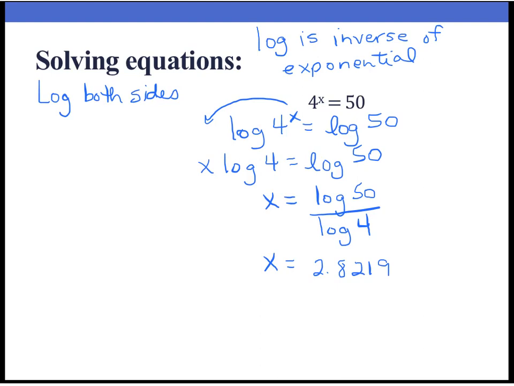When you press that log button, some calculators, mine does, offer you a parenthesis. Make sure you close that parenthesis before you do the division sign. Otherwise, it will divide that 4, and we don't want to do that. So this is what we're going to do, and that gives us the 2.8219.